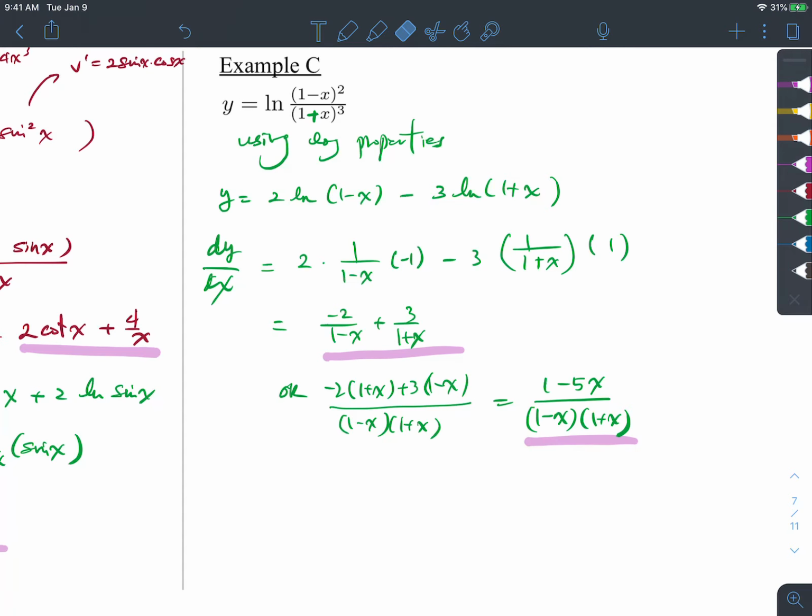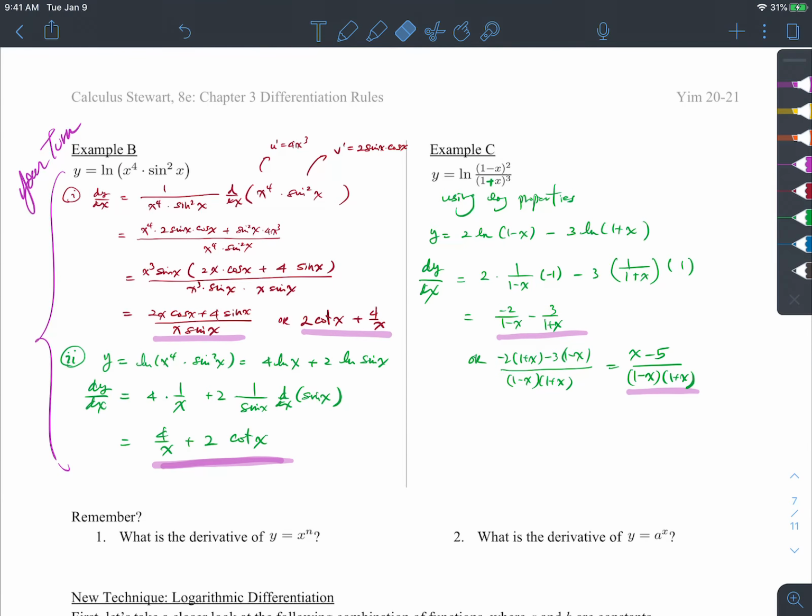So that will give you a minus sign, right? So that will also be a minus sign over here. Of course, now that has to change. All right, so that will be minus 2 minus 2x minus 3 plus 3x. That will give you x minus 5. There you go. So doing this using log properties makes many things a lot easier, right?